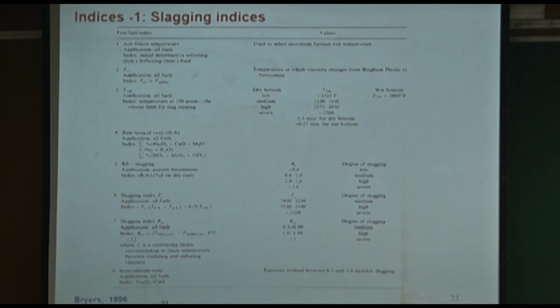There are other ways of coming up with the slagging index. Some of these are progressively less important in my view, and are not exactly pursued by the boiler designers at all. They mainly look at the base to acid ratio. If not, they go for measurements in the laboratory.